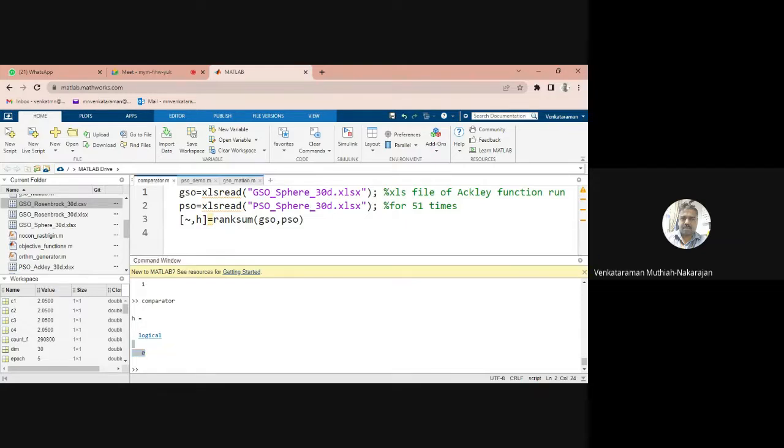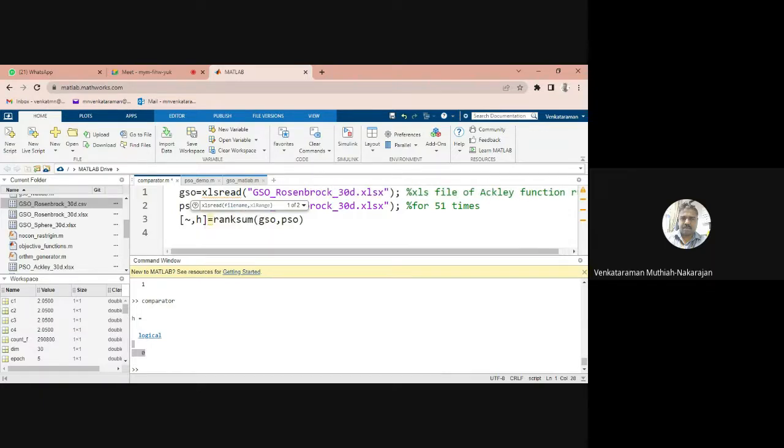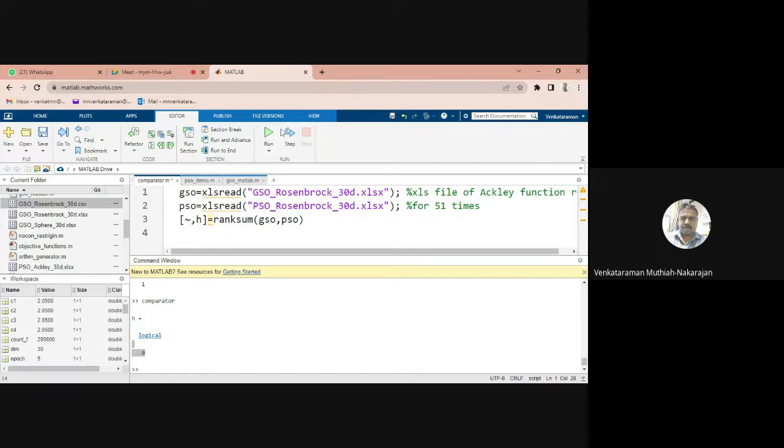You can also run it for Rosenbrock. Let's see how things turn out. It says H is 1.